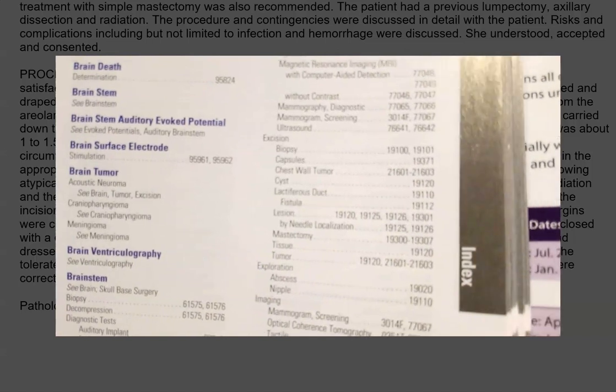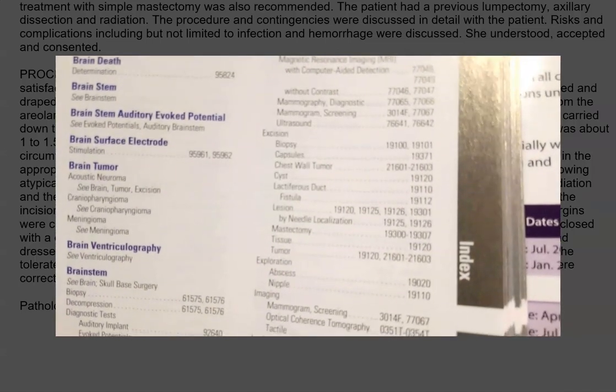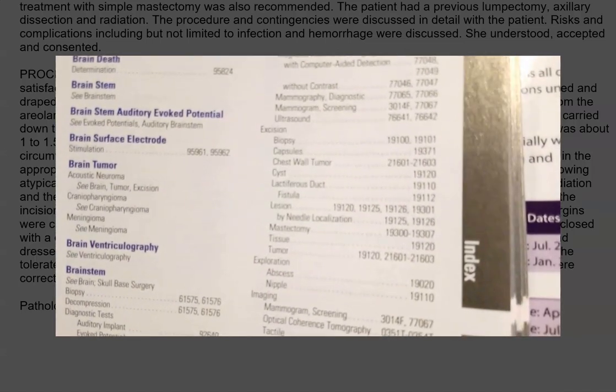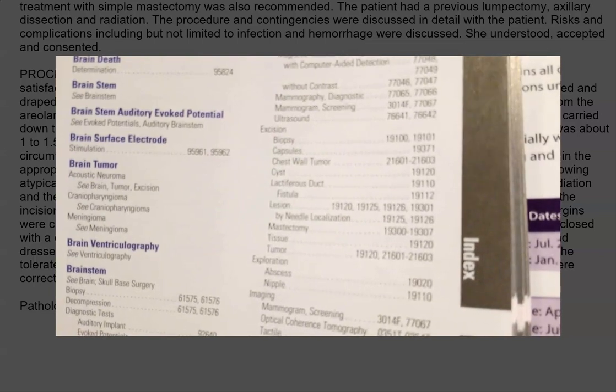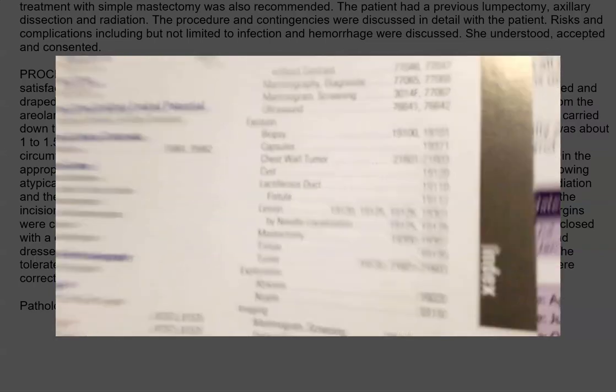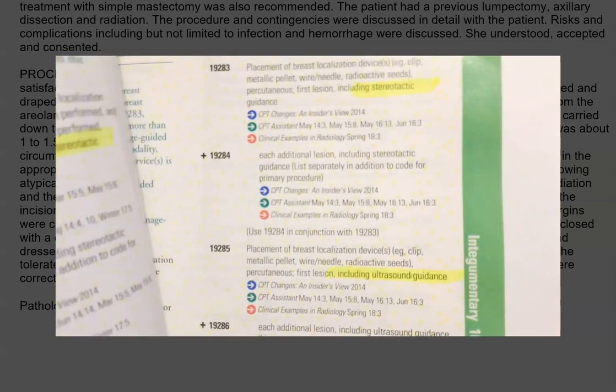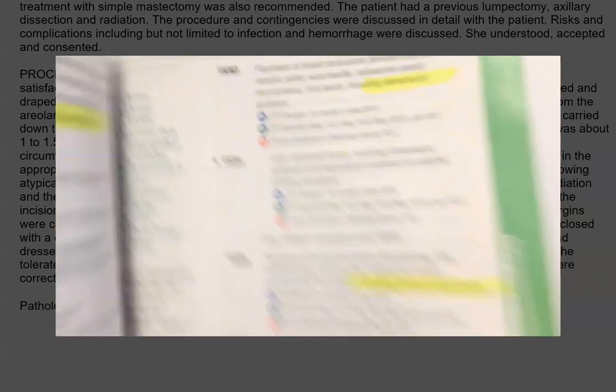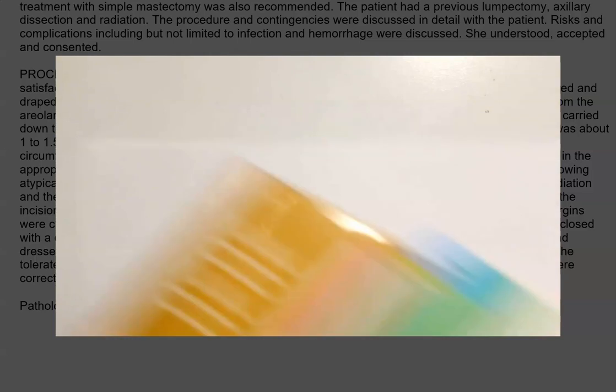The next step is for me to locate all of those codes in the main portion of the manual to then make a final decision about what my code is going to be.